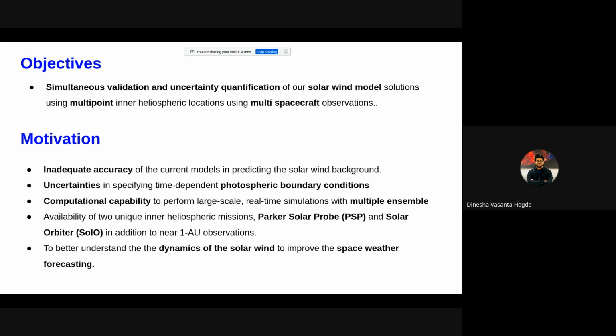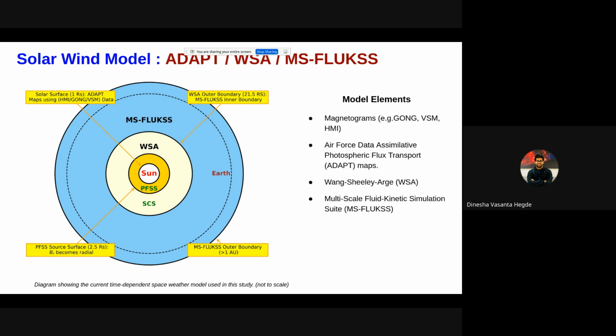Doing validation without uncertainty quantification is not justified, because we will not know the whole system with respect to the uncertainty. So the simultaneous characterization of this uncertainty as well as the multi-point validation is the objective. Let me go to the model system I am using.